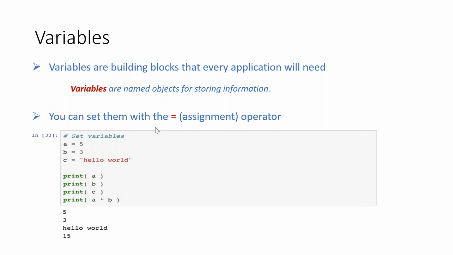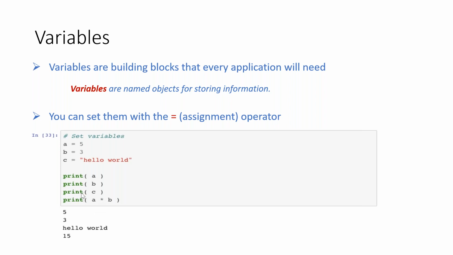Equal to is an assignment operator. So a equal to 5, so 5 is assigned to the named variable a, and it is an integer type object. b equal to 3, c equal to double quotes hello world. So a string object has been stored in the named variable c.